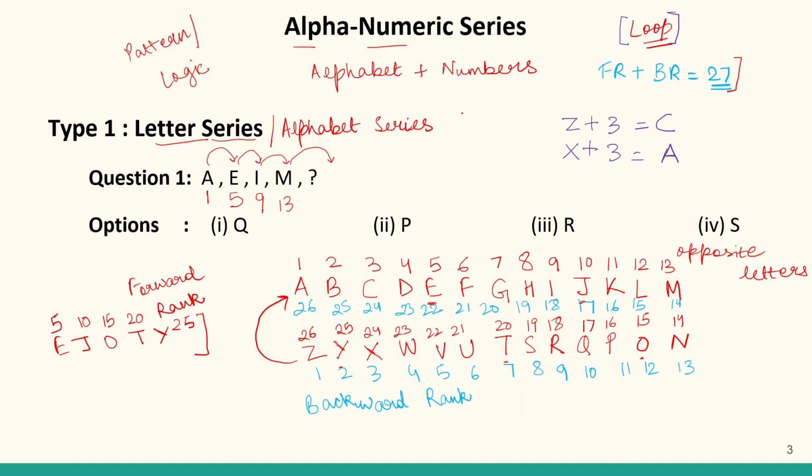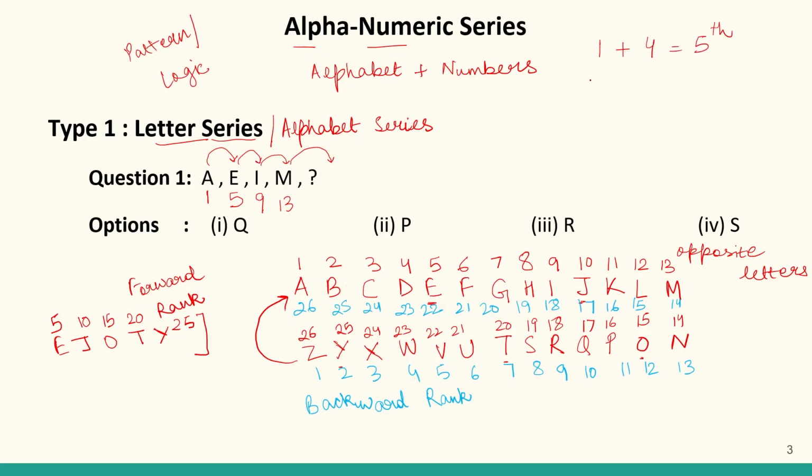It's very easy. Let me just remove certain things for you to understand this better. If I move forward 4 ranks, we will come at the 5th rank. If I move forward 4 ranks, we'll come at the 9th rank. And similarly, if I move forward 4 ranks, we'll come at the 13th rank.